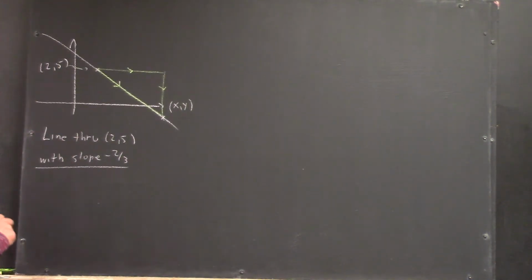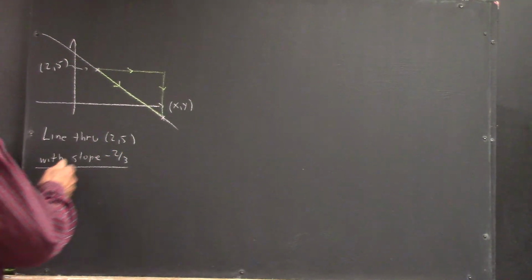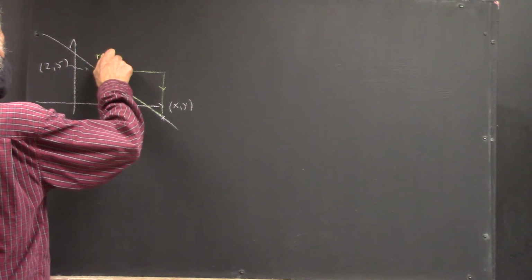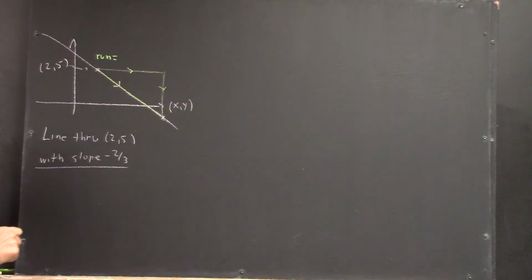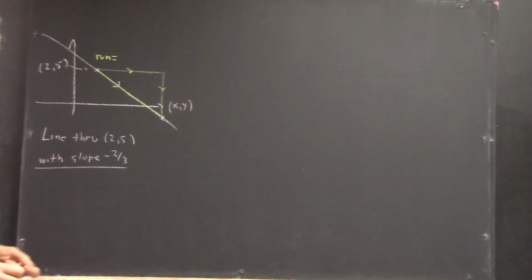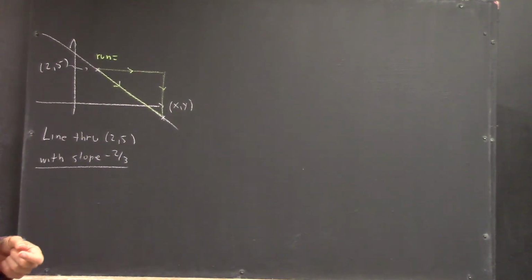Now, in this case, it's not 7 minus 3, there's no 3, and there's no 7. What's the run equal to? But what two coordinates do you subtract?